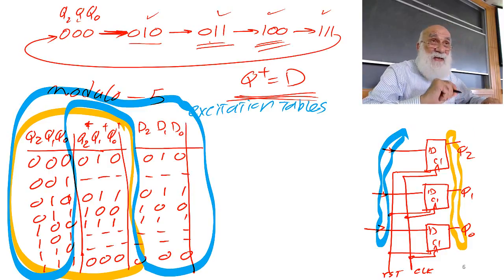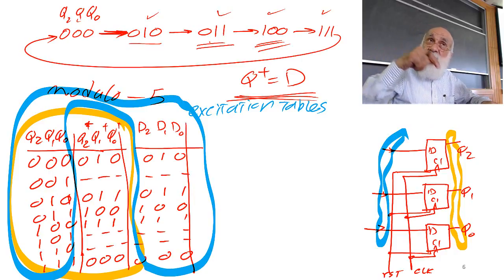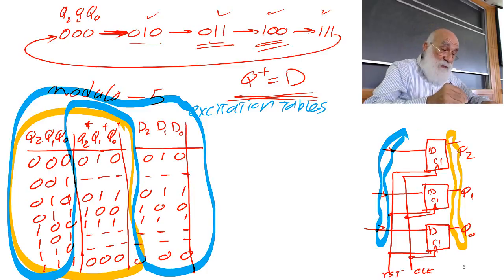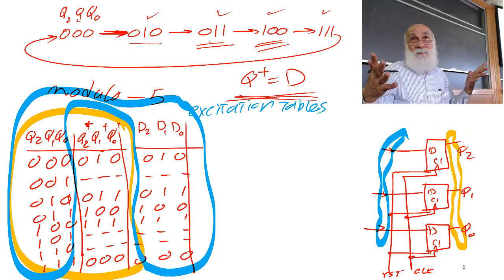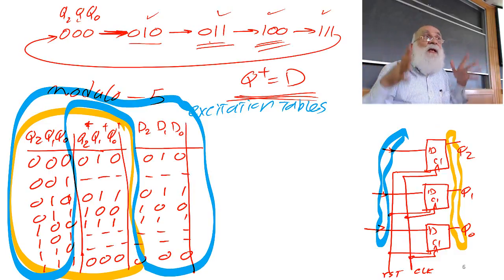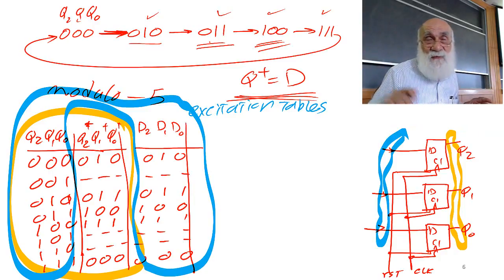And the characteristic equation is the equation that tells you how to go from the transition table to excitation table. The good thing about the flip-flops, and that's why I'm using it over here, is that the transition table and excitation table look the same. I'm not saying they're the same table, they look the same. So the same zeros you put in there, you put in the other table, the same ones and so on.